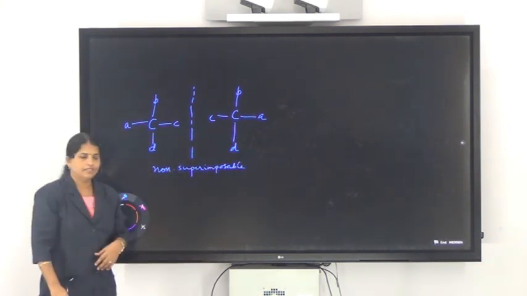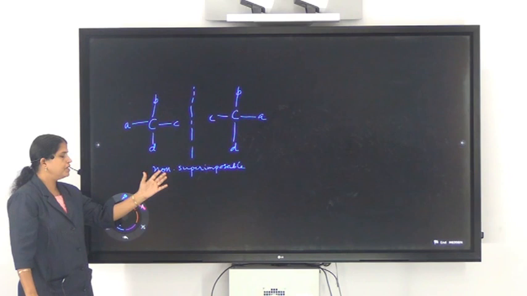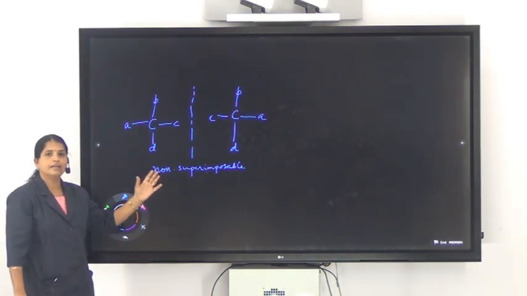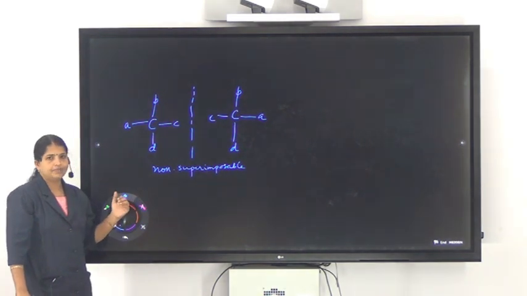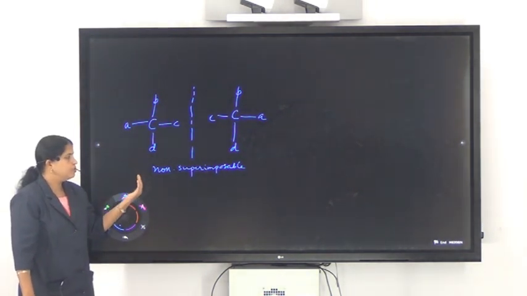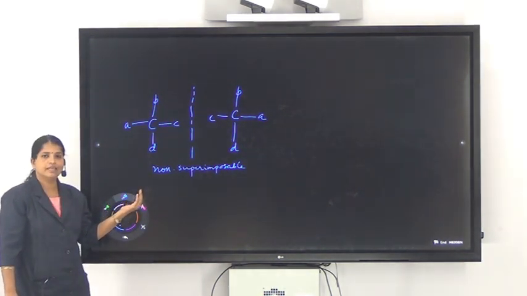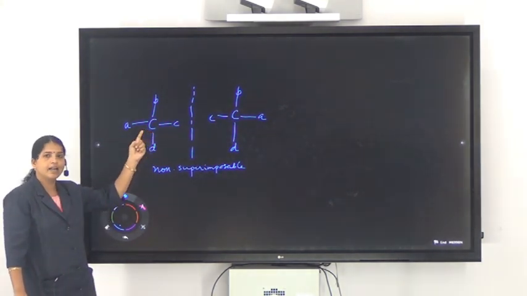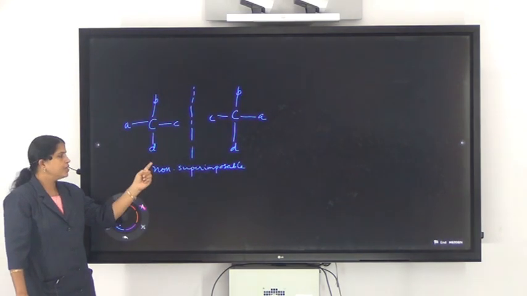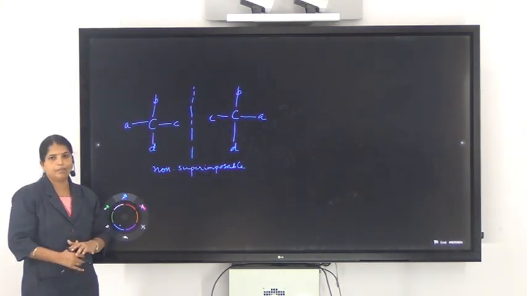This non-superimposability of mirror image is the only criterion in order to exhibit this optical activity. So when this non-superimposable mirror image originates, if a molecule possesses an asymmetric carbon or chiral carbon, then that molecule possesses a non-superimposable mirror image.